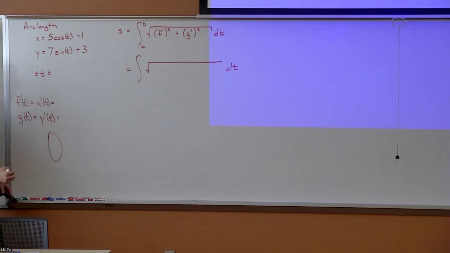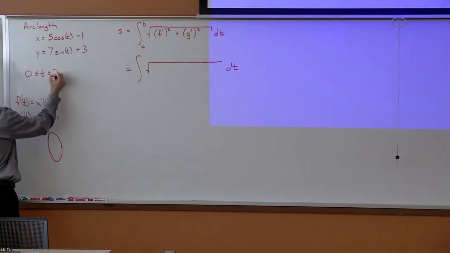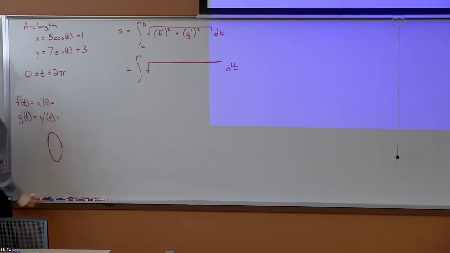I'm overemphasizing that. But if I go from this point all the way around, you actually go from 0 to 2 pi. So the t, you want to go all the way around the ellipse, you'd go from 0 to 2 pi. Okay, that gives you a 360-degree rotation.